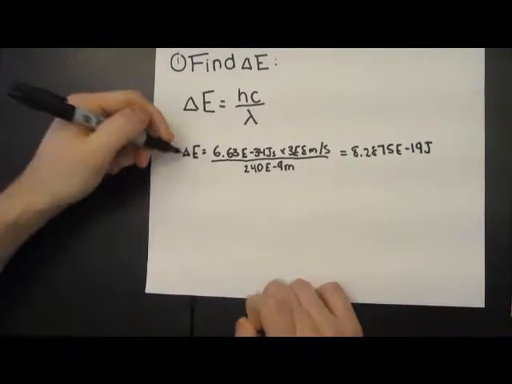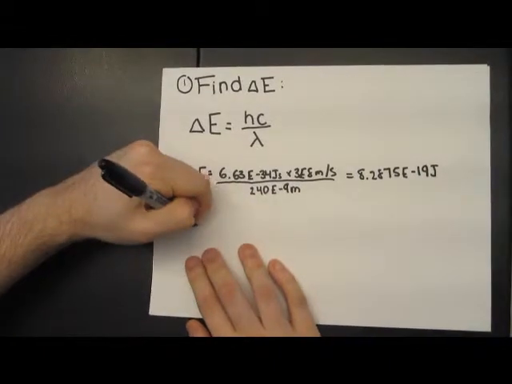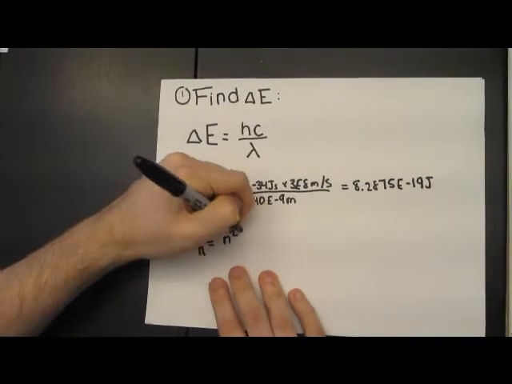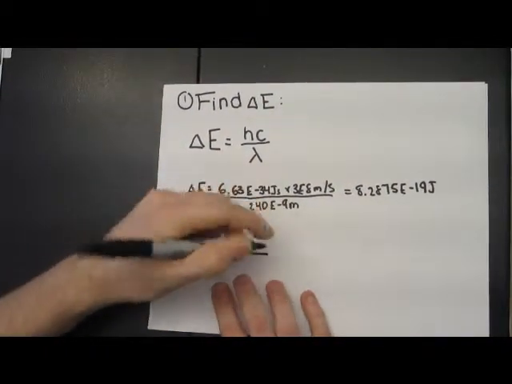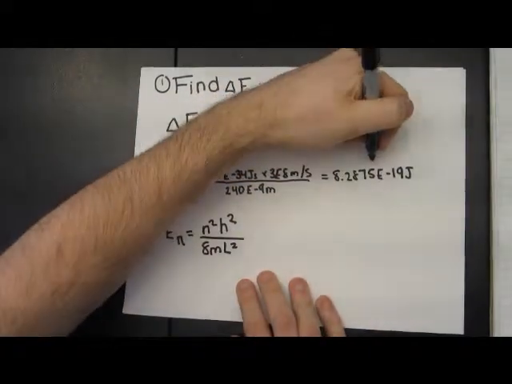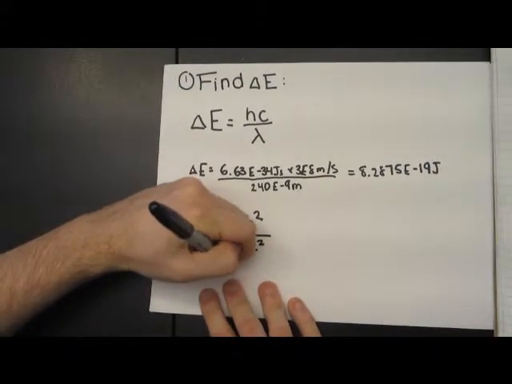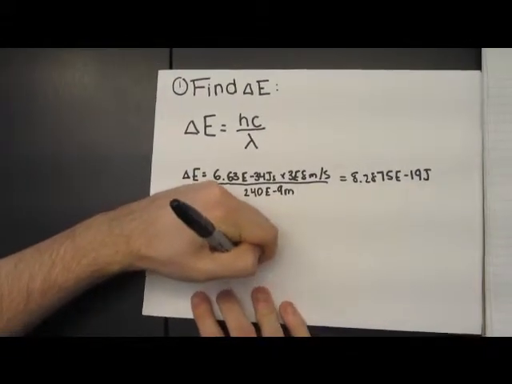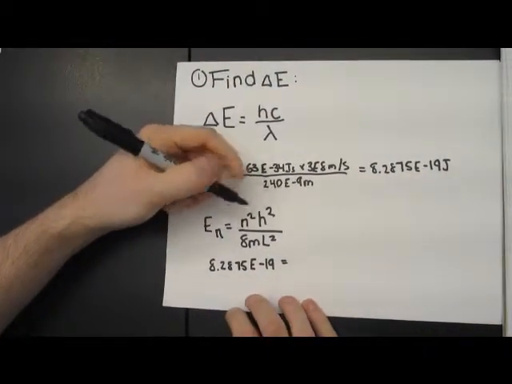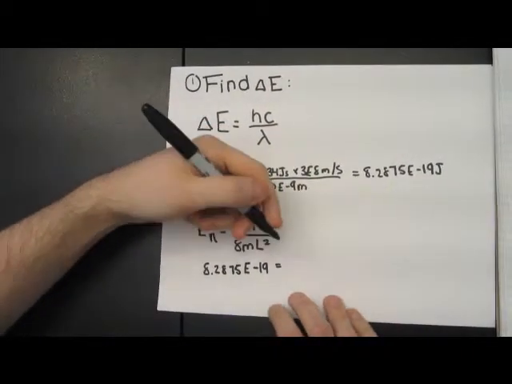So now that we have the energy, we can apply this to our first equation, which is E sub n equals n squared h squared divided by 8mL squared. So we'll get 8.2875 × 10^-19 is equal to, for n, since we're going from n equals 1 to n equals 3, we're going to take the square of 3, so 9, and the square of 1, which is 1.